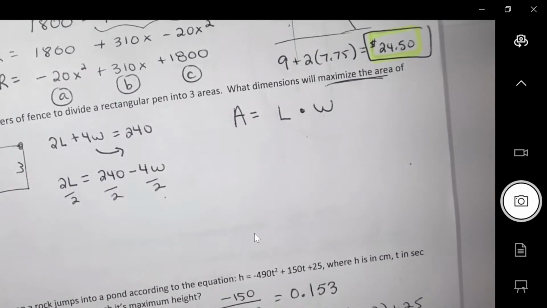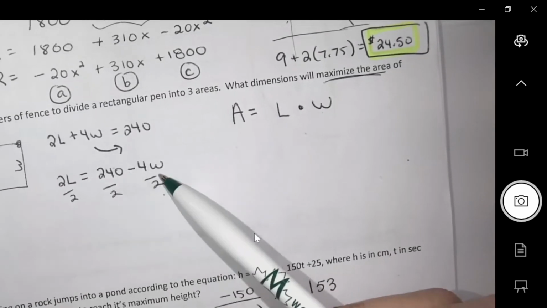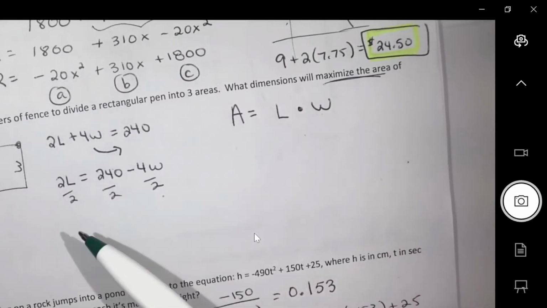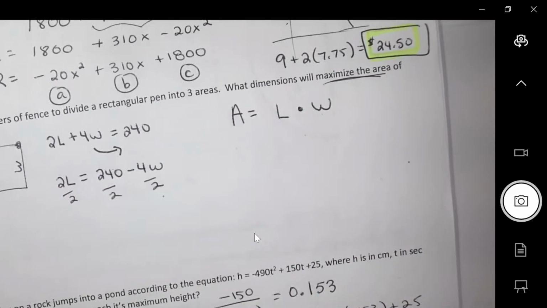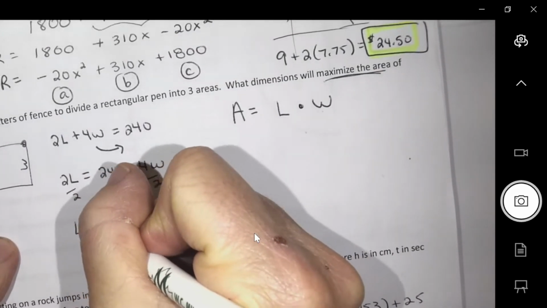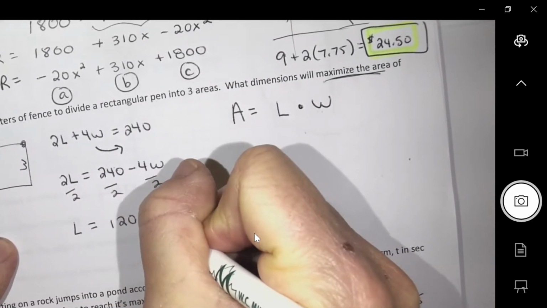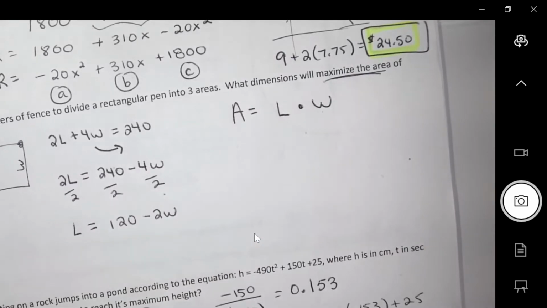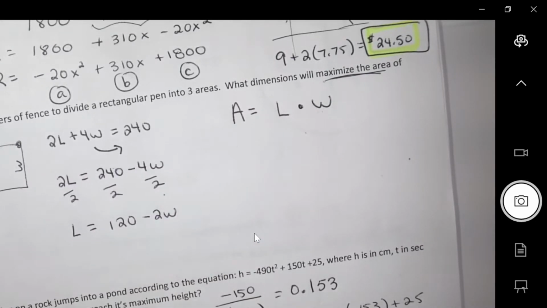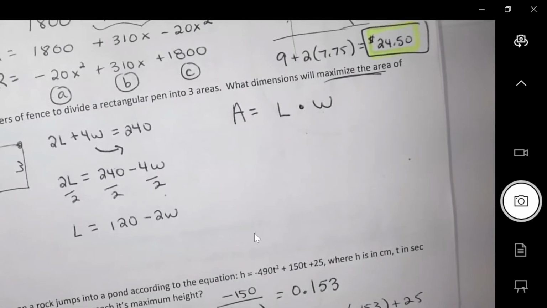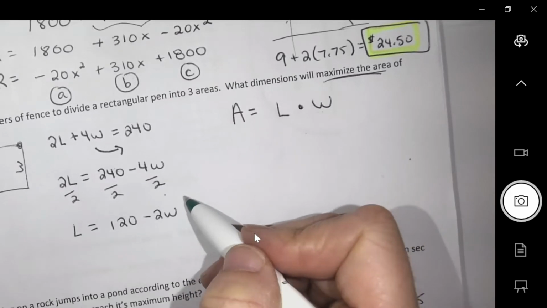Another mistake I often see is that people divide this and this by 2, but not that one. You can't do that. You have to do it to everything. So L equals 120 minus 2W.